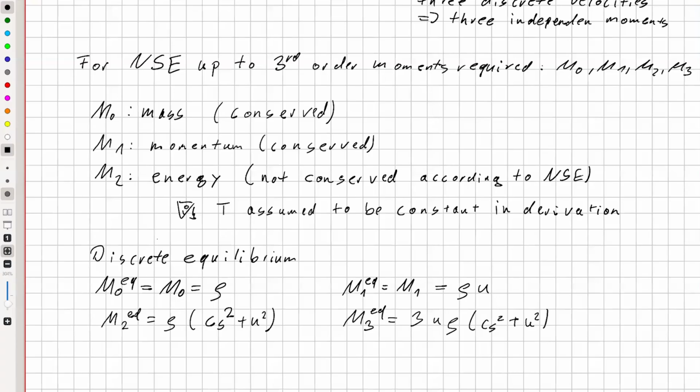Now the problem is we don't have this independent, right? We cannot adjust this because we have this aliasing, that M3 is equal to M1, and we can multiply this by c squared, which we always assume to be 1.